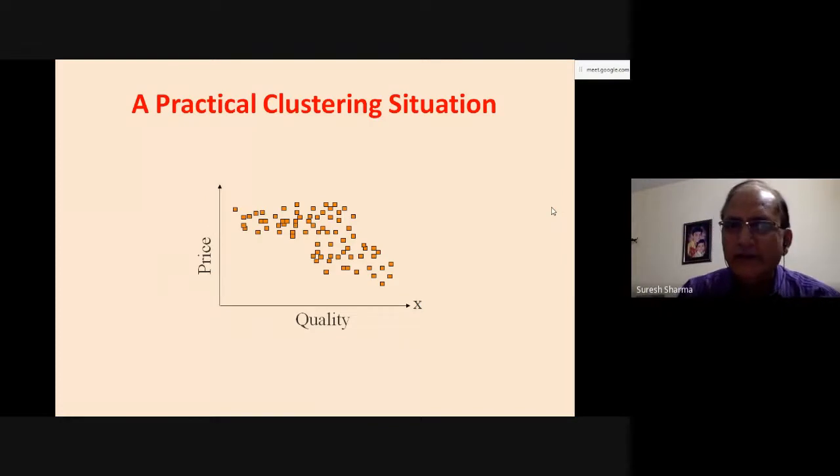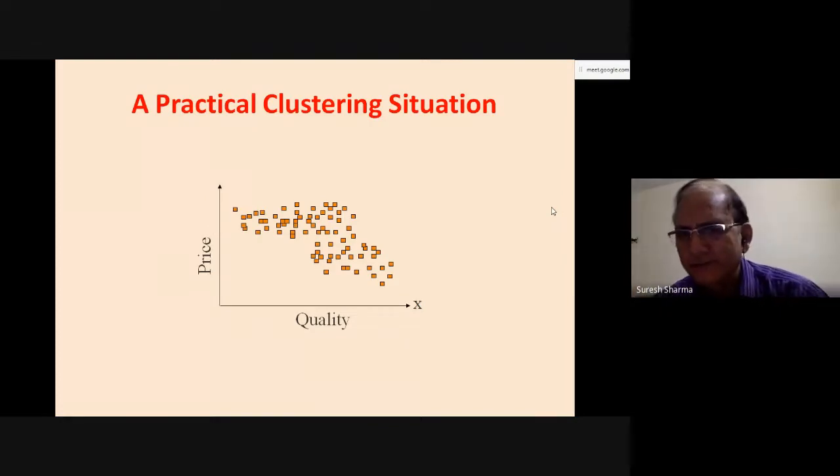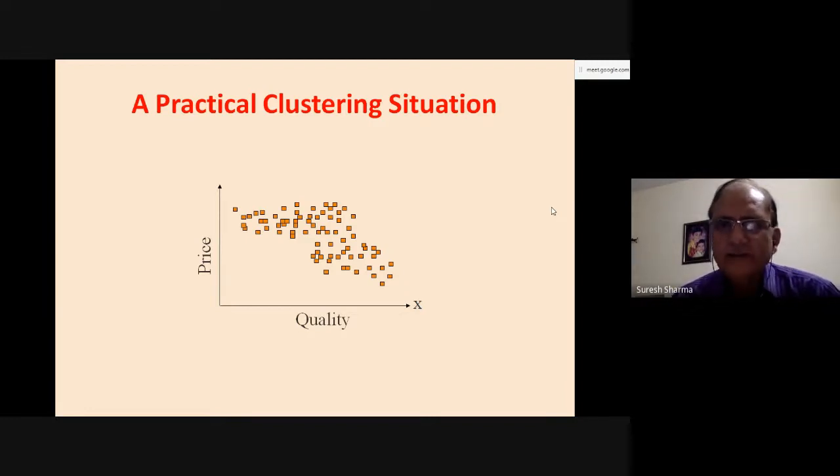And today we will make clusters out of such type of data. Now, how does this clustering technique work? Please try to understand. If there are 2 points, let's say one point is x1, y1, another point is x2, y2, then I can always look at the distance between the 2 points.